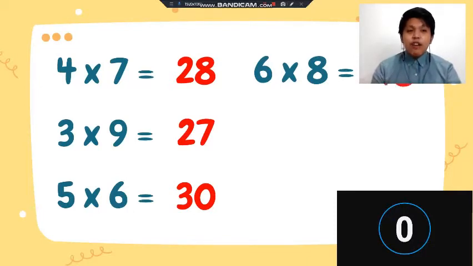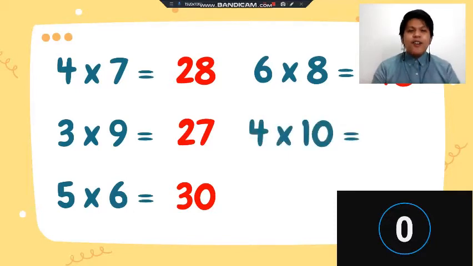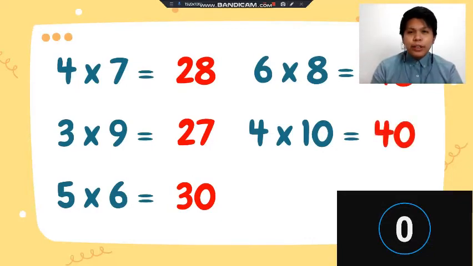Answer is 48. Next, how about 4 times 10? This is the last one. Okay, 4 times 10 is equal to 40.